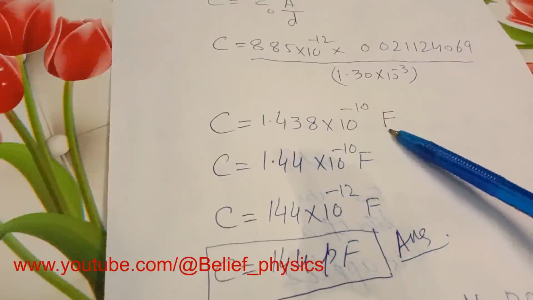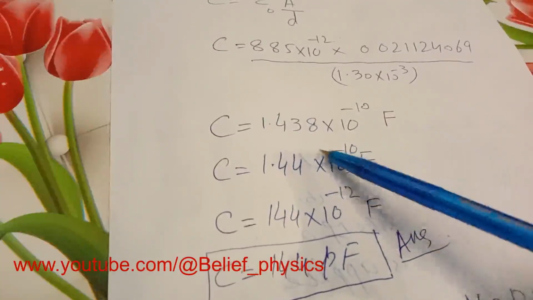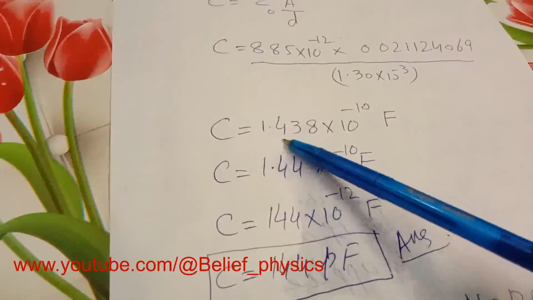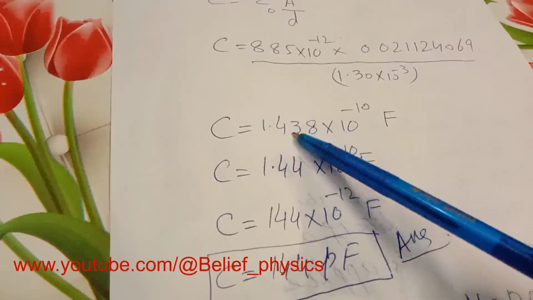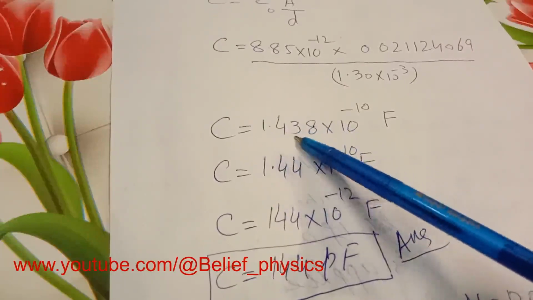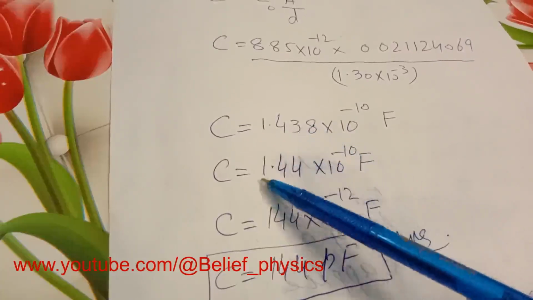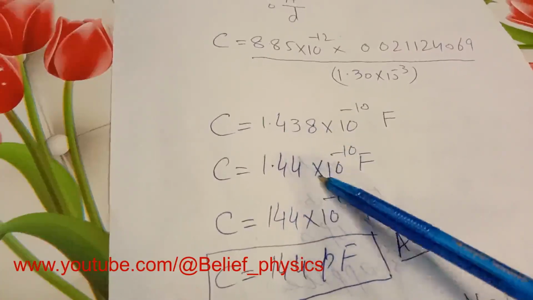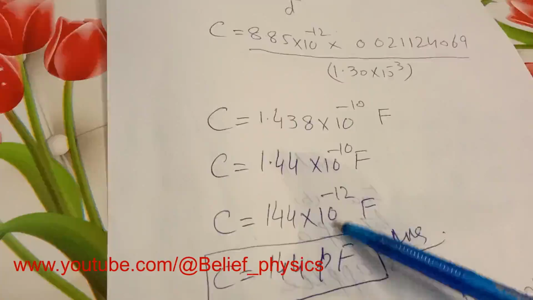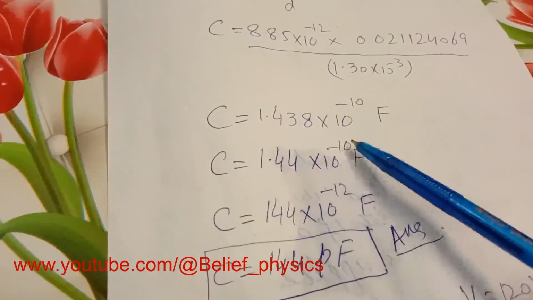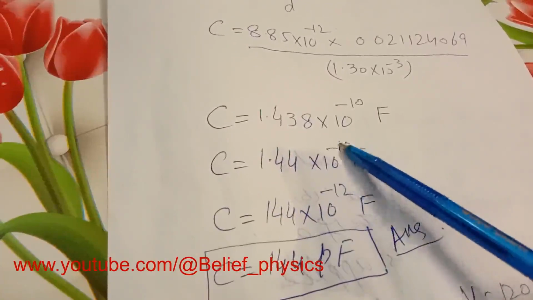If you want to shift the decimal, you can round off this to 2 decimal places. It will be 1.44 because 8 is bigger than 5, so the 3 will become 4. So we'll get 1.44 into 10 to the minus 10. If we want to take it into picofarad, then we have to make it minus 12.